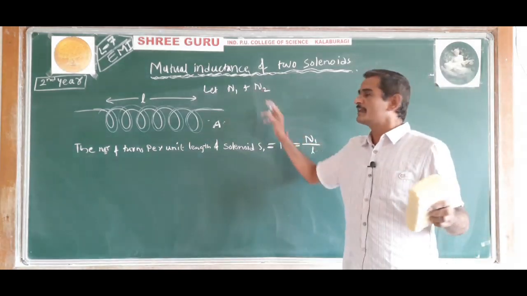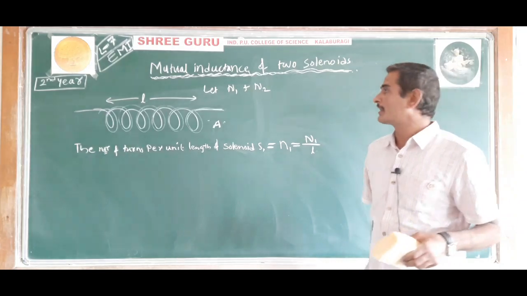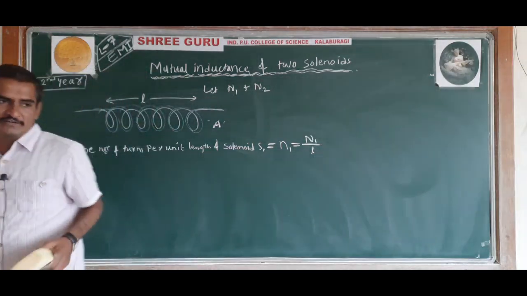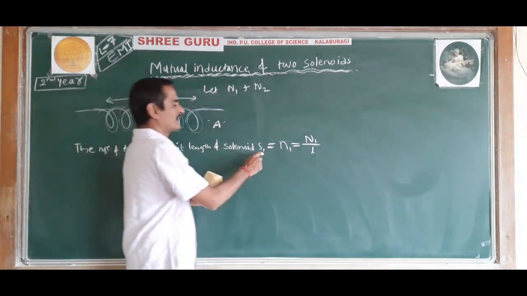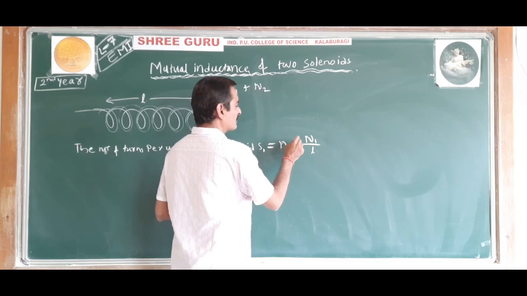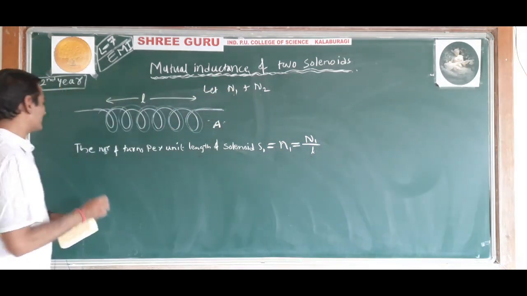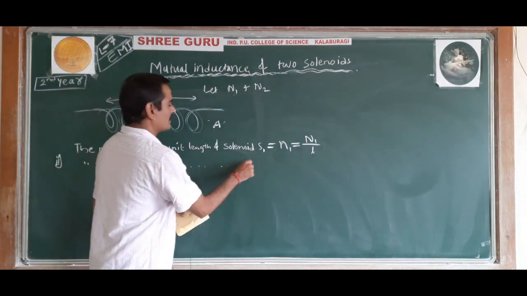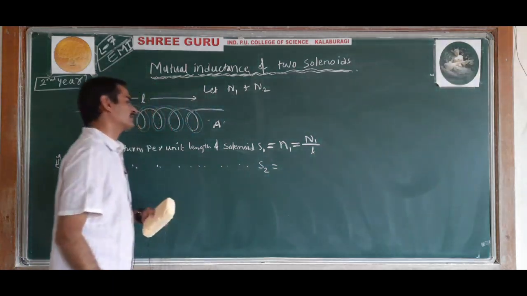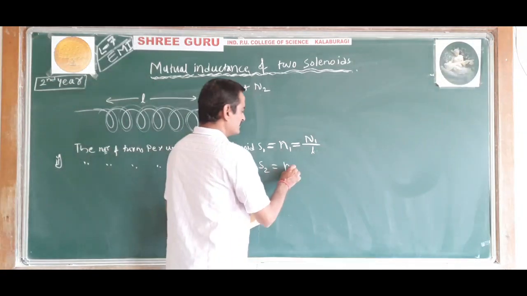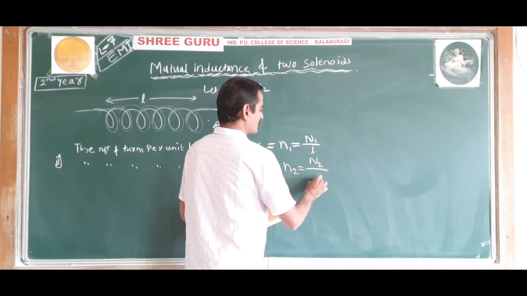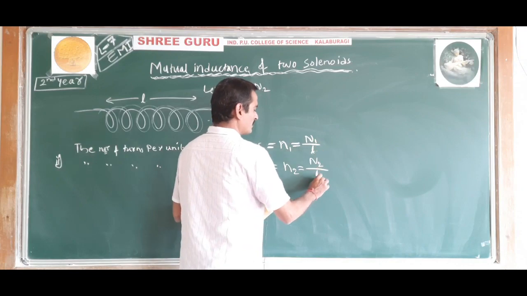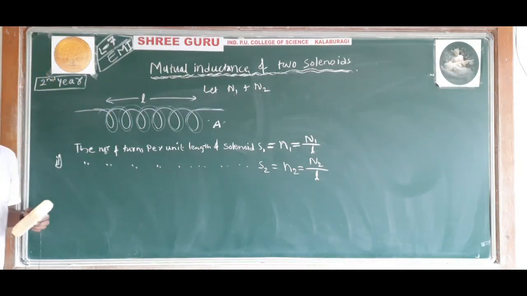Then the number of turns per unit length of solenoid S1 is n1 equal to N1 divided by L. Similarly, the number of turns per unit length of solenoid S2 is n2 equal to capital N2 divided by L, because the length of both solenoids is the same.